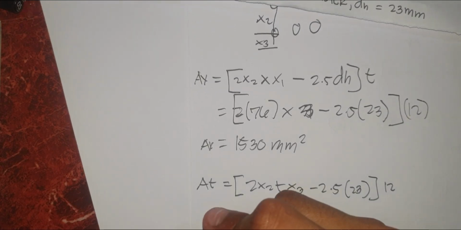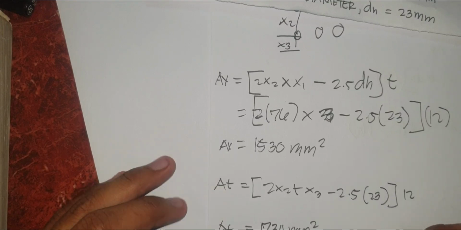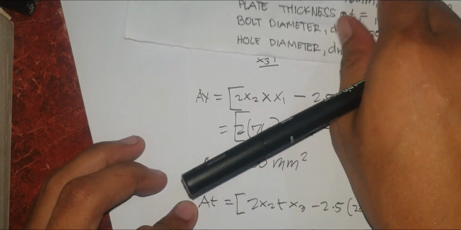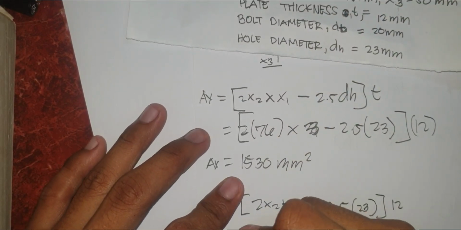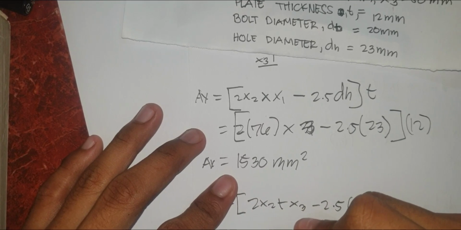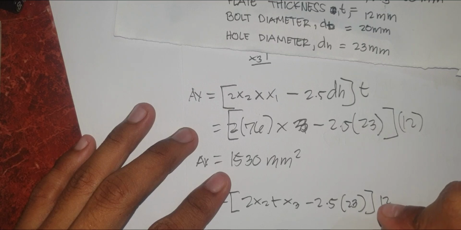So next is P. Here, the force P is 0.5 Fu times AT, plus 0.3 Fu times EV.